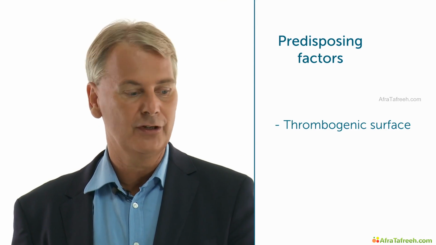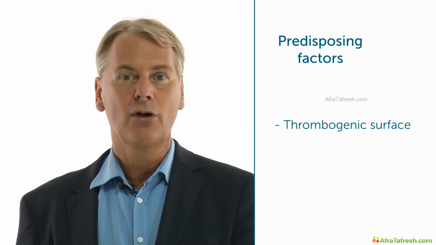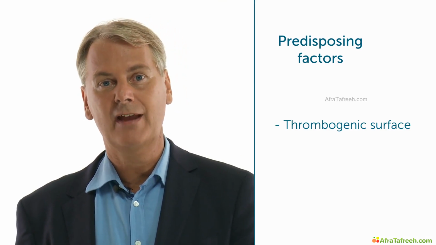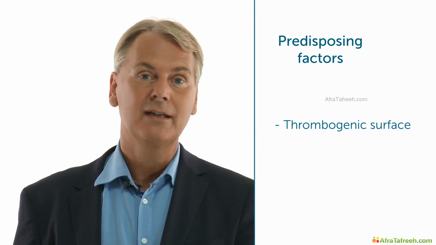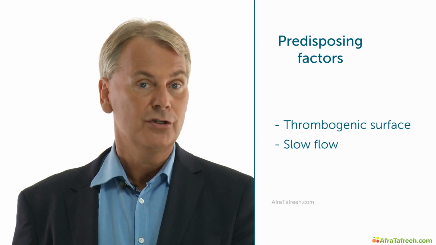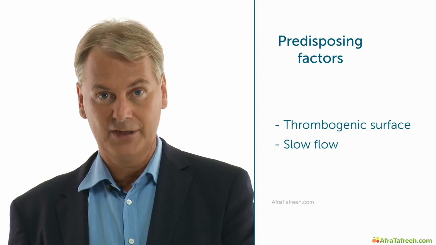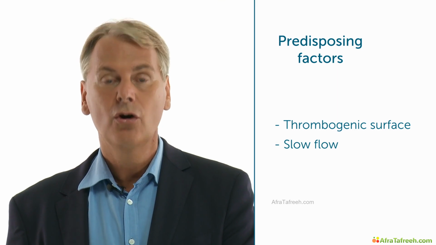That explains the predisposing factors very nicely. Namely, you need the thrombogenic surface, for example a lesion, such as a jet lesion or maybe an infarct, and you need slow flow, for example poor left ventricle function, or in the atria, atrial fibrillation.